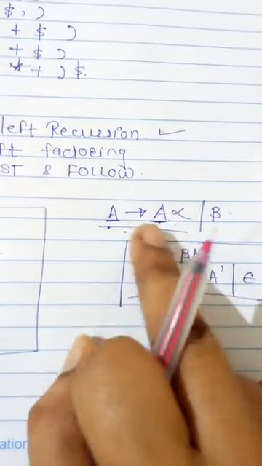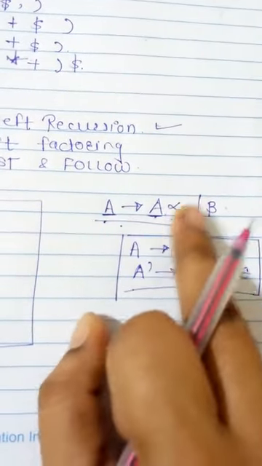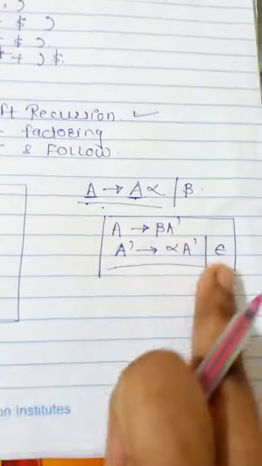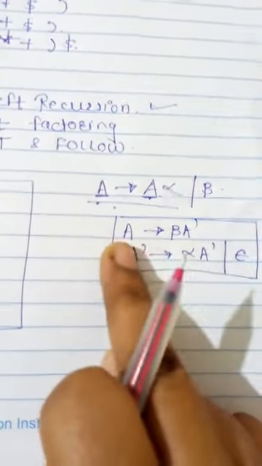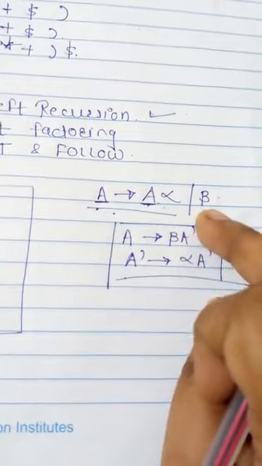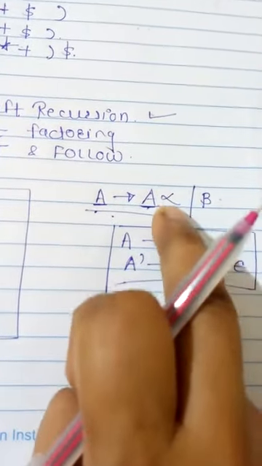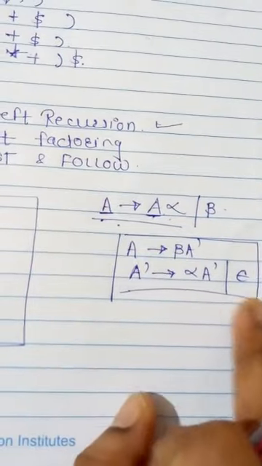And if another production rule for the same A is A gives you beta, then instead of these two production rules you have to rewrite in this format: A gives you beta A prime or A dash, and then A dash will be equal to alpha A dash or epsilon.